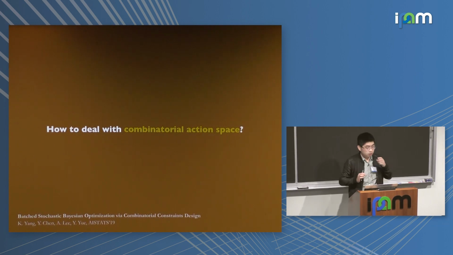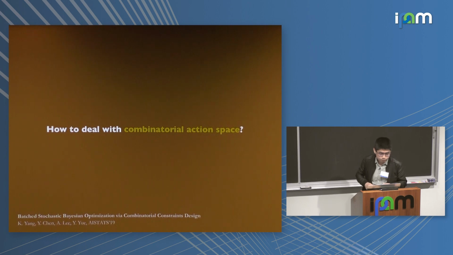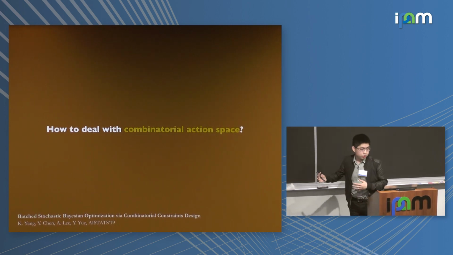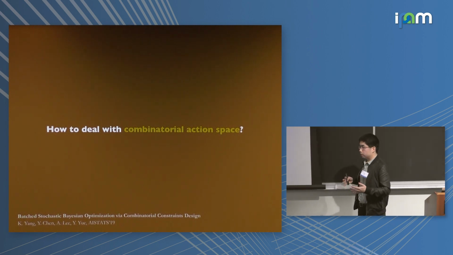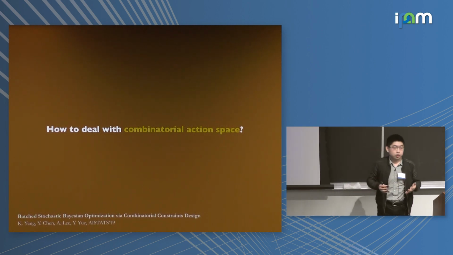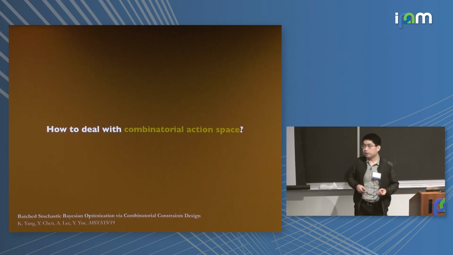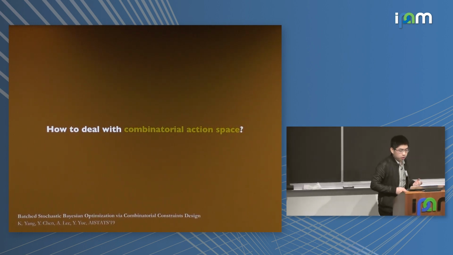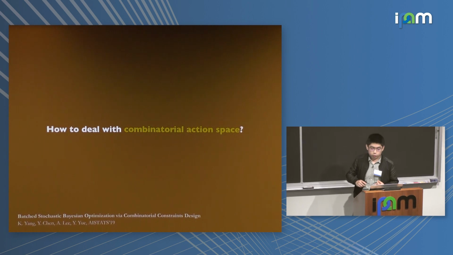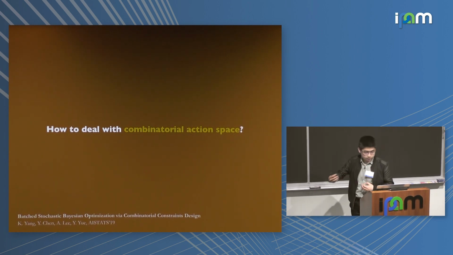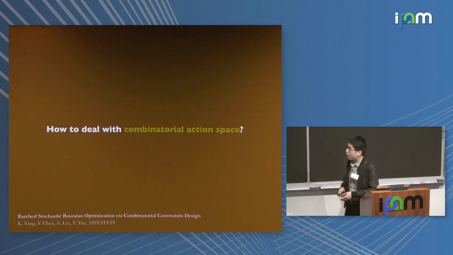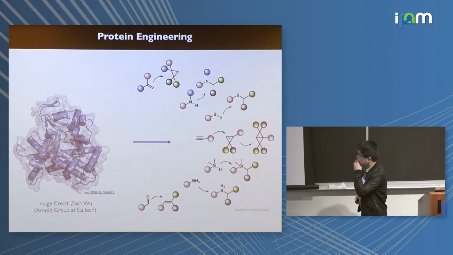I will spend maybe about 10 minutes talking about the other dimension of the problem, where we have a large action space, so large that we cannot even traverse it. How should we act there? If there's a combinatorial action space, and we cannot do greedy optimization, we still want to give informed instruction to the experimental designer so that they can carry out real-world experimental design tasks.